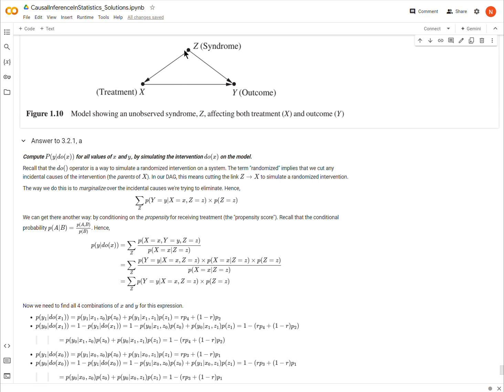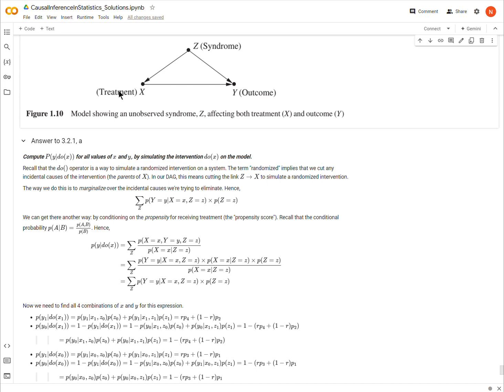It was based on Z. Because Z also affects Y, there is a confounding factor for the outcome Y, which is Z. So what we want to do is simulate randomizing treatment, regardless of syndrome.